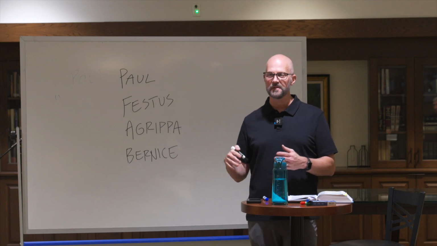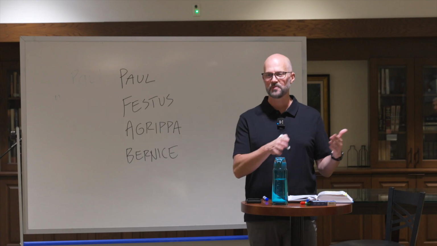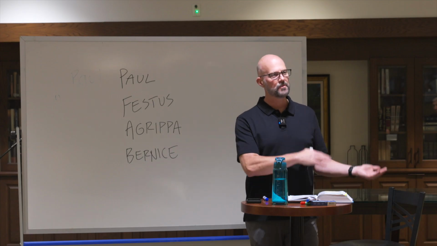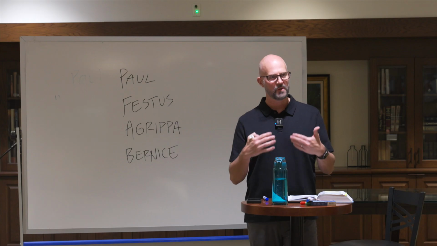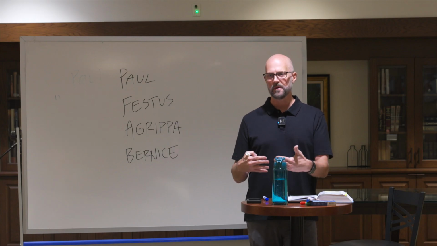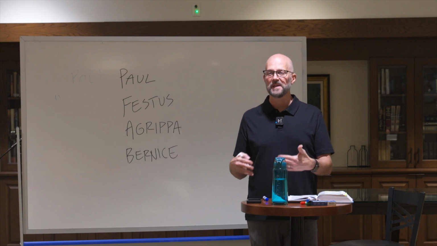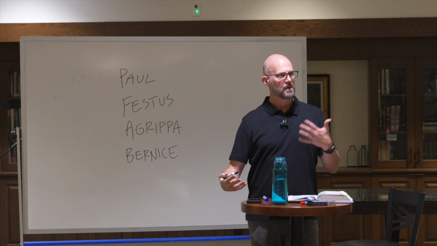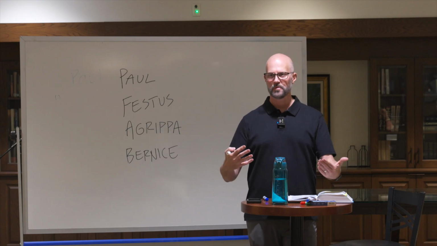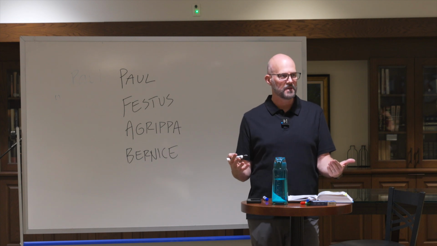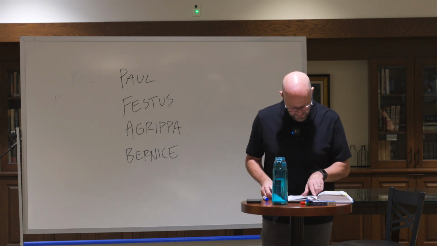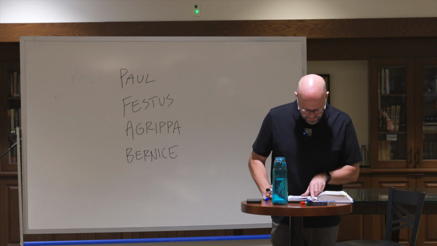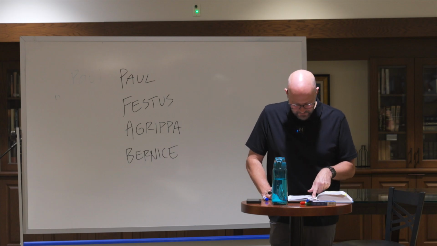It's going to start to sound a little repetitive, and it probably even sounds repetitive from the last few chapters, because we're hearing Paul being put on trial, essentially repeating his defense to both the Roman governor and the king of the Jews. So he's submitting to these authorities in these chapters. So, the last few verses, starting with verse 23 of chapter 25.